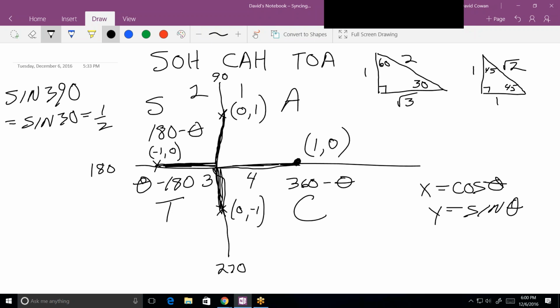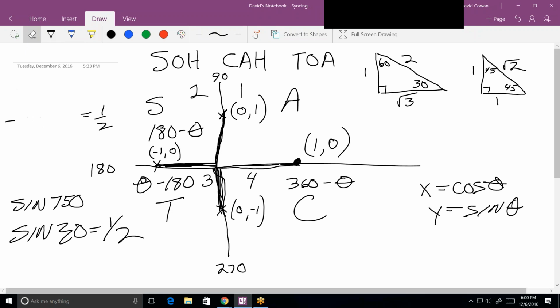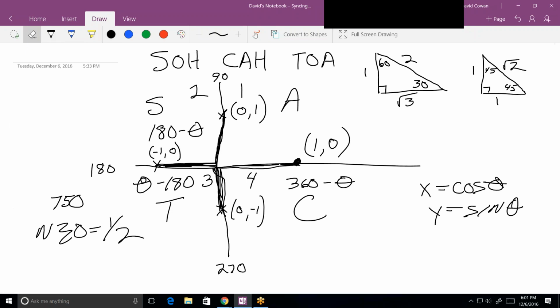If I said, what's the sine of 750, subtract as many multiples of 360 as you can. Still get 1/2. In other words, that's the same as the sine of 30. So now you are ready to give all 6 trig functions of any angle, whether it's inside the unit circle or not.